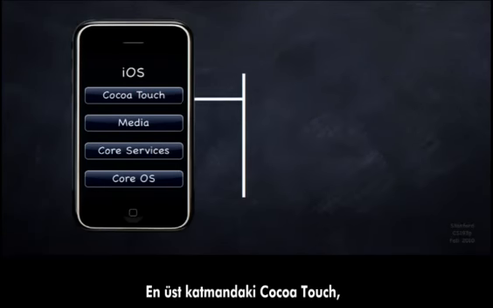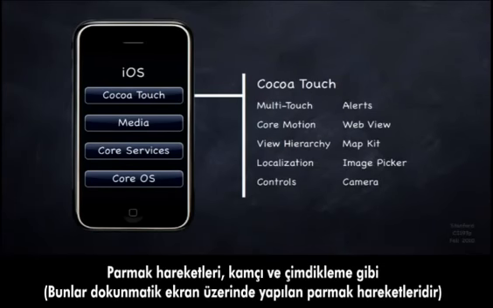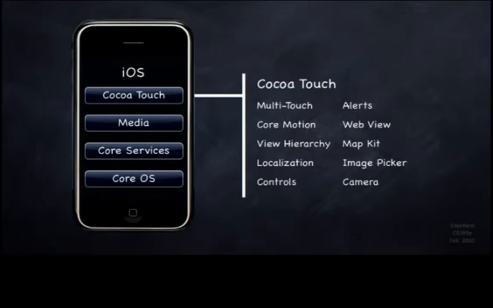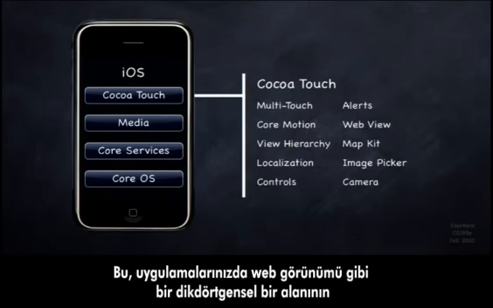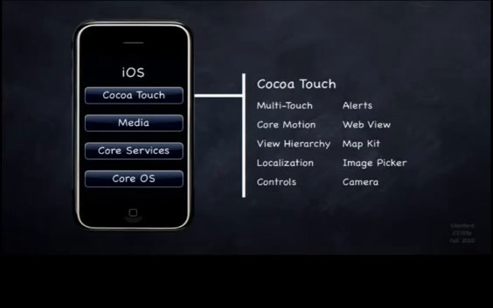But the top layer here, Cocoa Touch, is the object-oriented interface to building applications. It's got things like recognizing gestures, swipes and pinches and all that stuff. It's got very powerful primitive objects like a web view, which is basically an entire browser in a little rectangular area that you can embed inside your application, complete with following links, images, all that stuff.